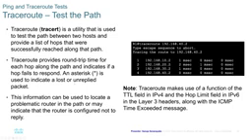This information can be used to locate a problematic router in the path, or may indicate that the router is configured not to reply. So if you have multiple routers within a network, you can use the traceroute command to figure out a router failure, or a router that is configured with firewall or security settings so that it will not respond to the traceroute command. That's what you can do with traceroute.